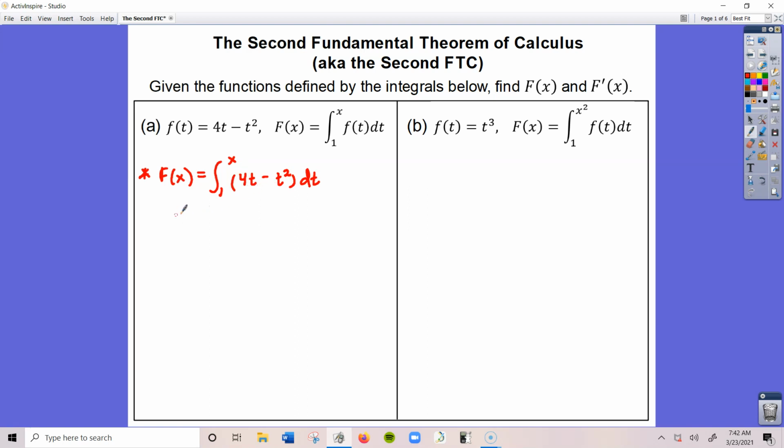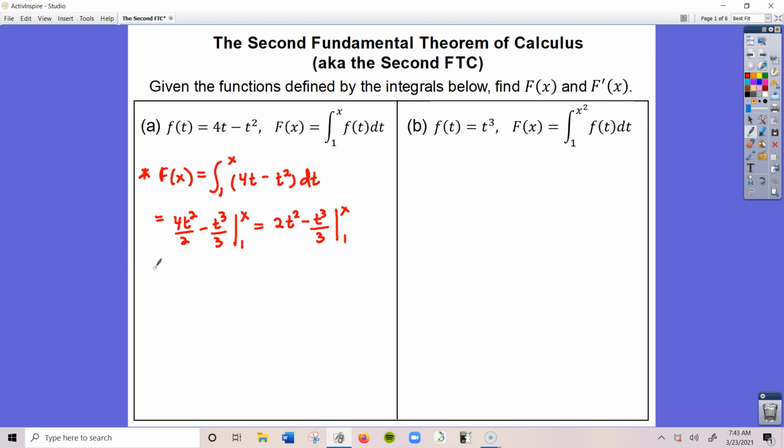When we integrate, we get 4t²/2 - t³/3, and we want to integrate that from 1 to x. Now we can simplify the 4 over 2, so this would give us 2t² - t³/3 from 1 to x.